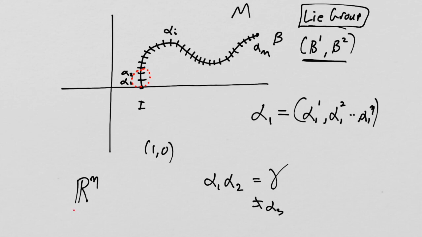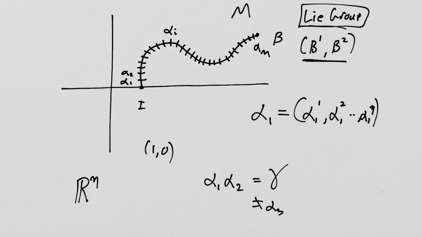We're using the topology of Rn, mapping it back onto the group space. When we talk about everything in terms of coordinates, we're literally using the topology of Rn as our open set. So alpha 1 and alpha 2 are in the same neighborhood. And alpha 2 and alpha 3 are in the same neighborhood, and alpha 3 and alpha 4 are too. I can create all of these neighborhoods that link these adjacent alphas together.